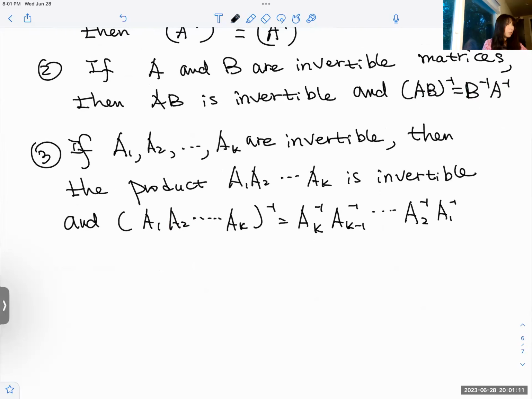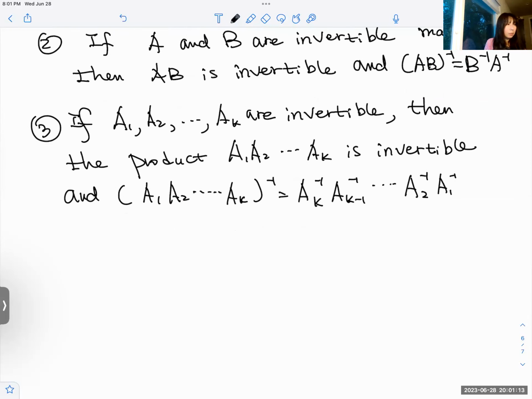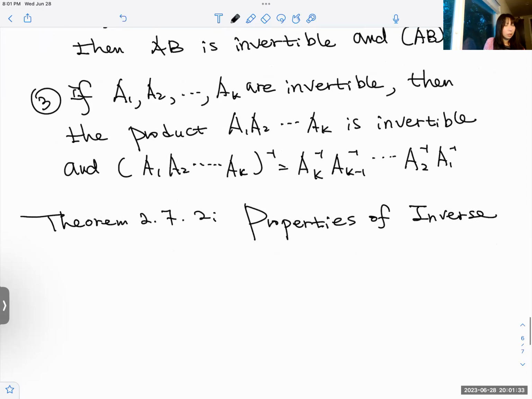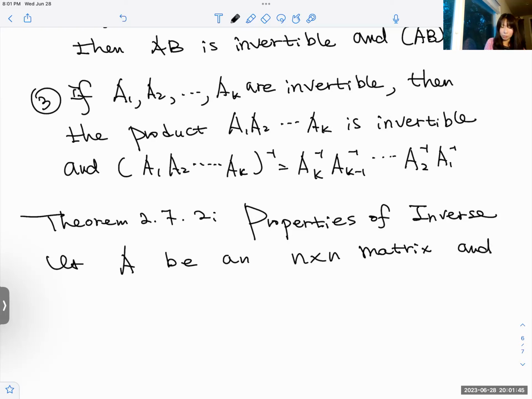Okay, we have one more theorem. Theorem 2.7.2, properties of inverse. So let A be an n by n matrix, and I is the identity matrix.